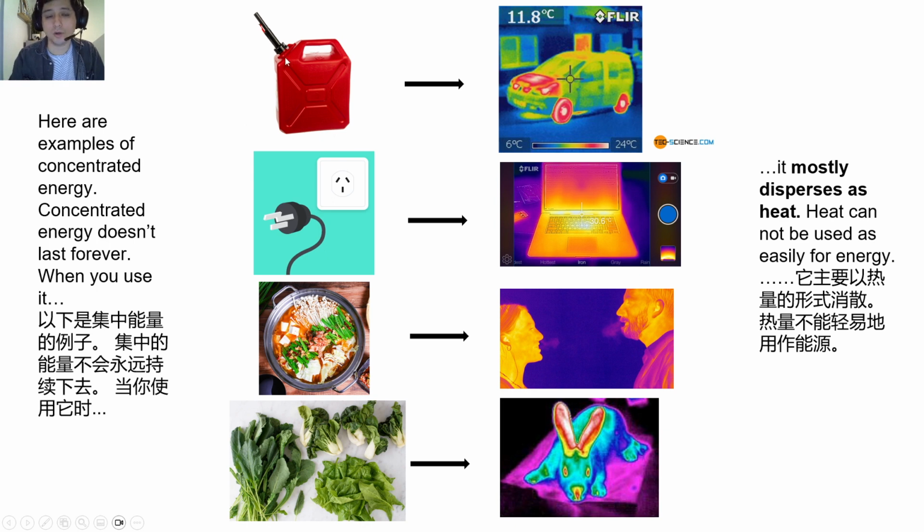When we use this fuel in our car, what part of the car is getting hot? The engine. The engine is getting very hot because it's in use. Additionally, when we use electricity from the wall, your computer gets hot from use over time.